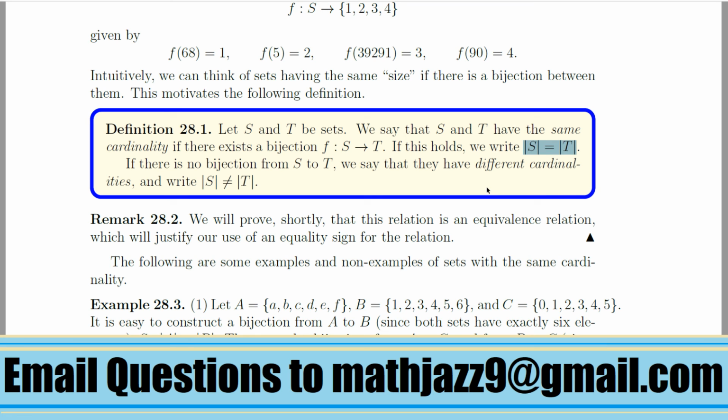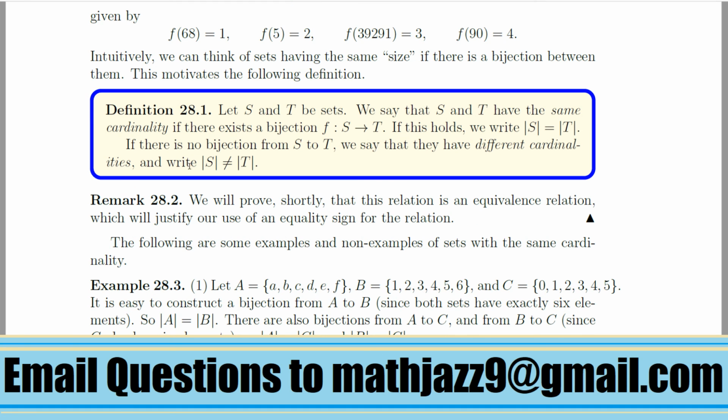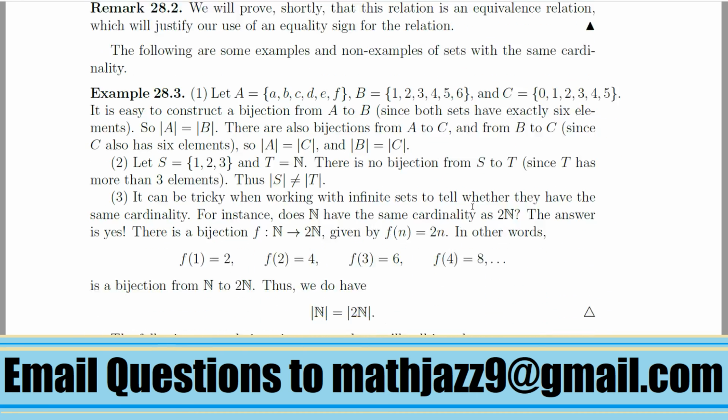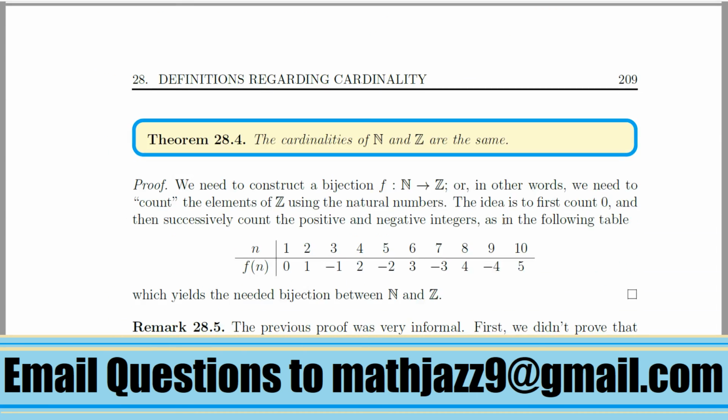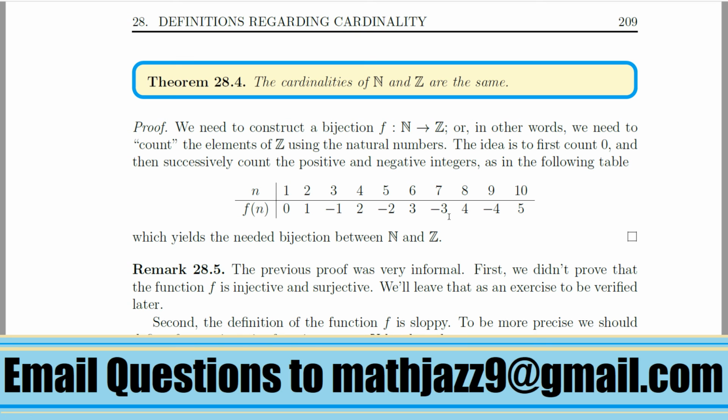In fact, I think in section 27, we proved some things about cardinality, even though we hadn't rigorously defined cardinality yet. Anyway, if they have different cardinalities, we will write this notation. Okay. Theorem: the cardinalities of N and Z are the same.